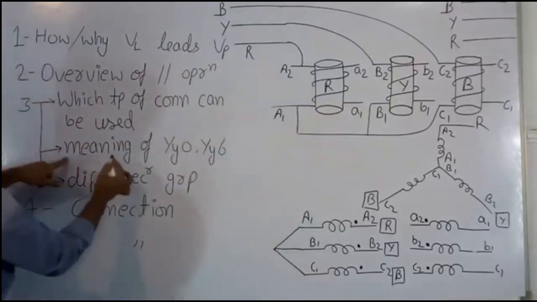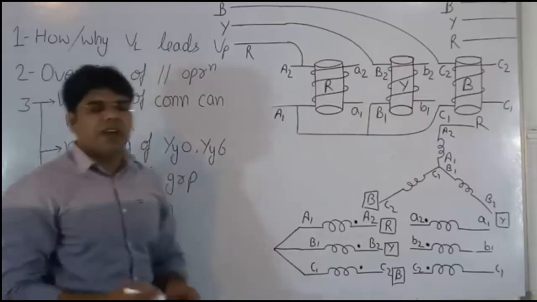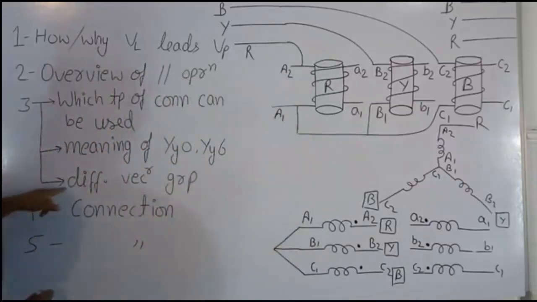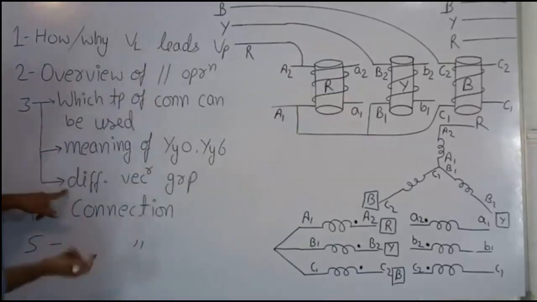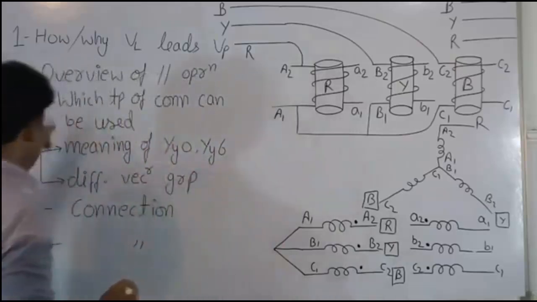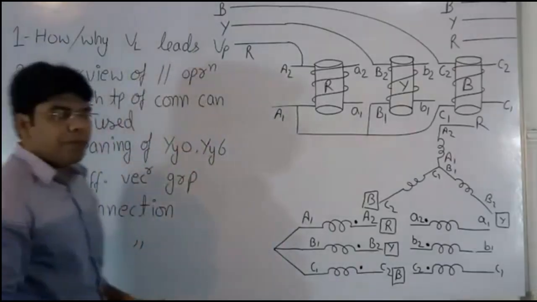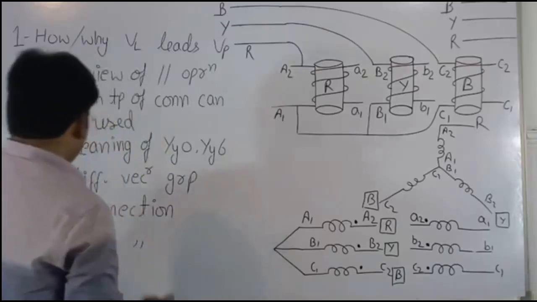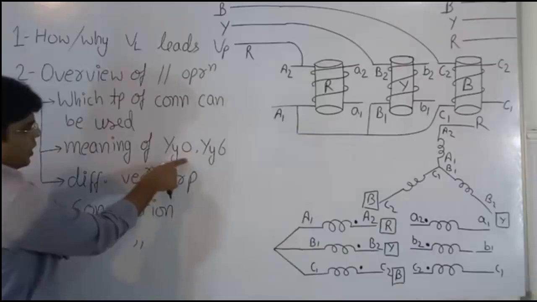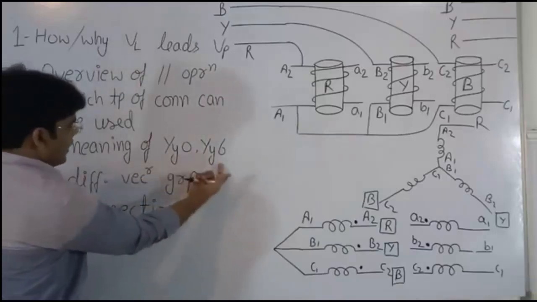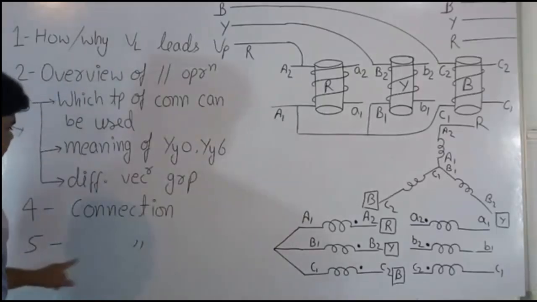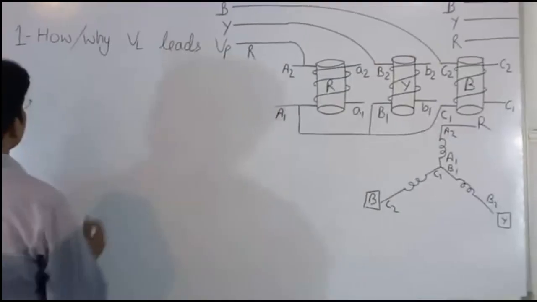Second, the meaning of Y0, Y6, YD1, DY1, etc. And third, the different vector groups we will see in this part. And in part 4, we will learn how to perform the connection. In part 5, we will see the remaining connections.